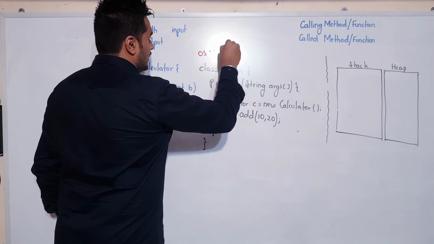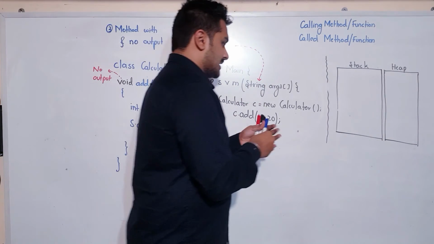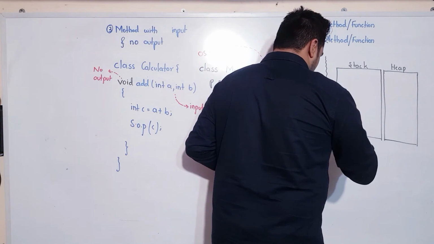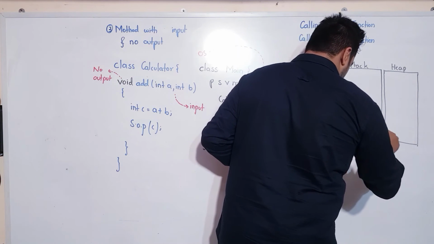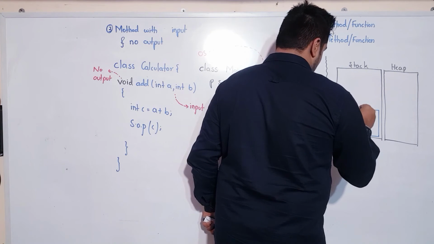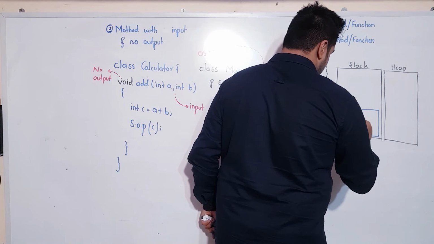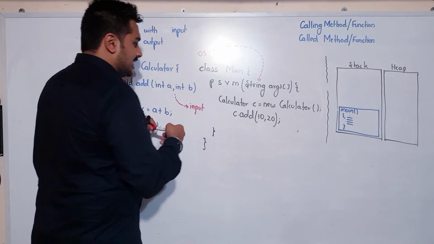Operating system gives a control to your main function. What will happen? As normal, the activation record will get created. Here I will be having my main method, main function in fact. After which I will enter inside.